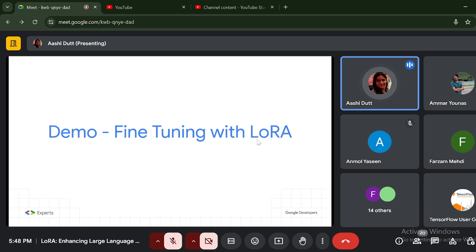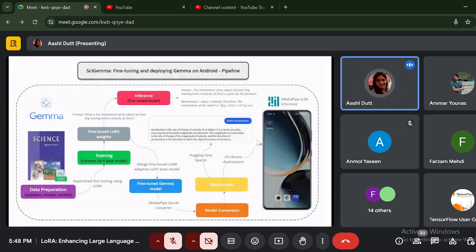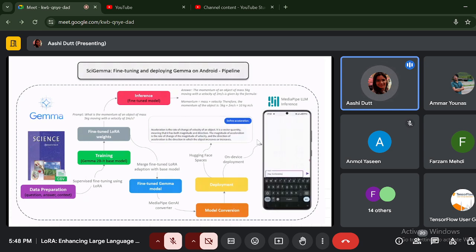Now, a very interesting part is how you can use fine tuning with LoRa. It's a very easy project, but you can try and make something of your own like this. I think you might have seen it somewhere before, but if you have not, here is an example of fine tuning and deploying a Gemma model on Android.